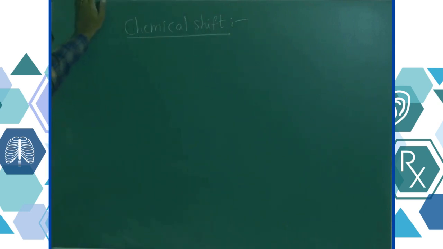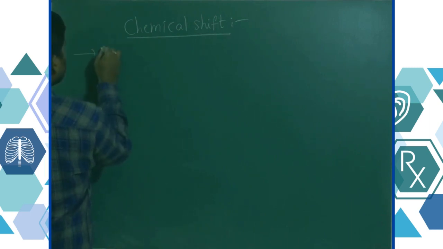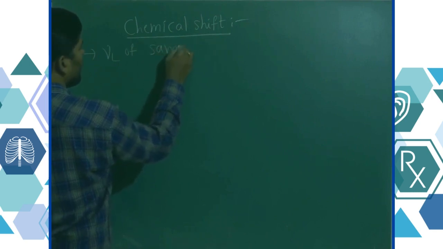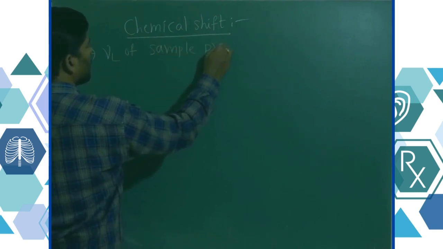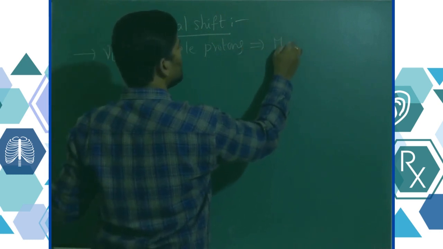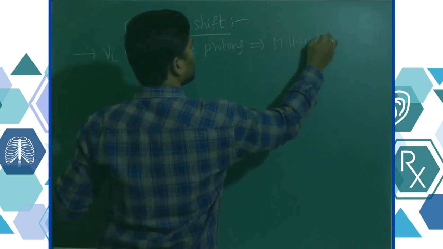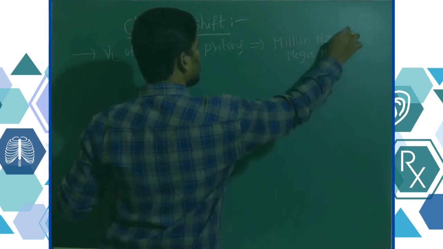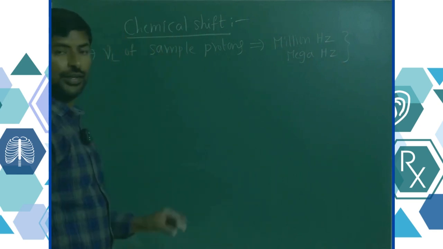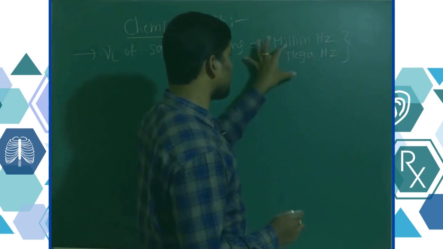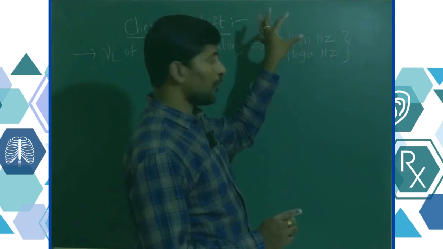Generally, if you see the precessional frequencies of sample protons, they are in the range of some million hertz or megahertz. So that number is very high.